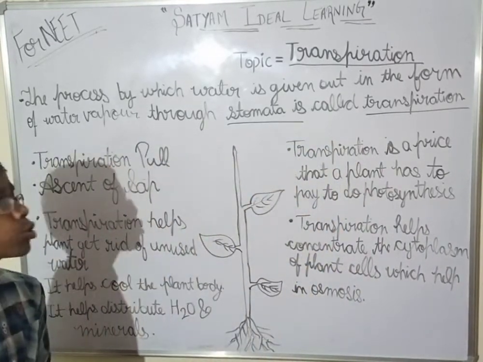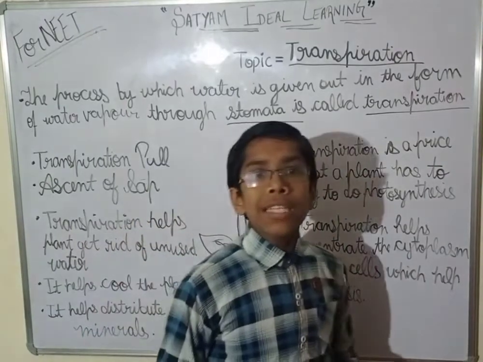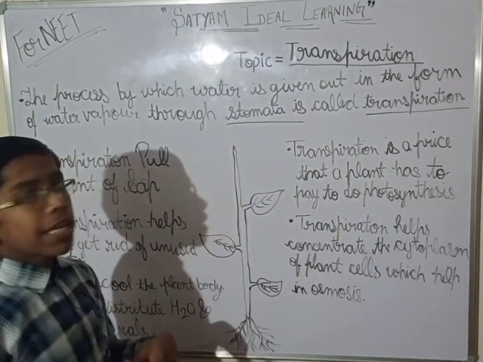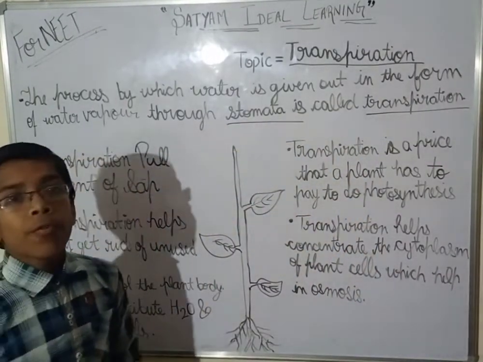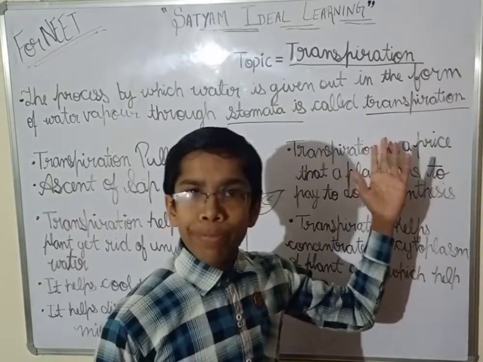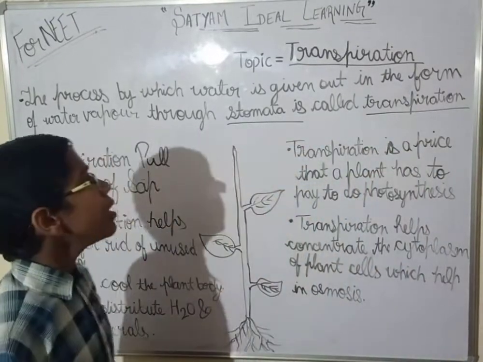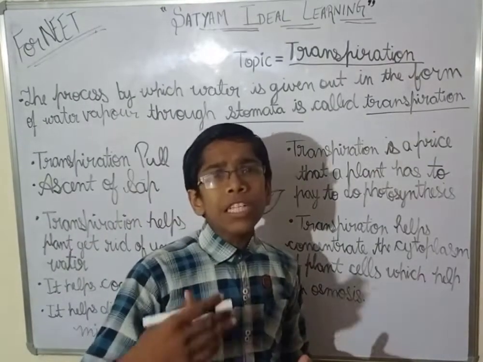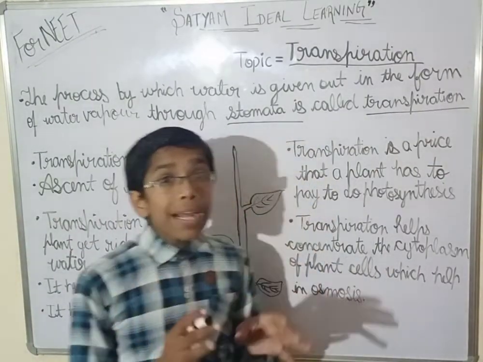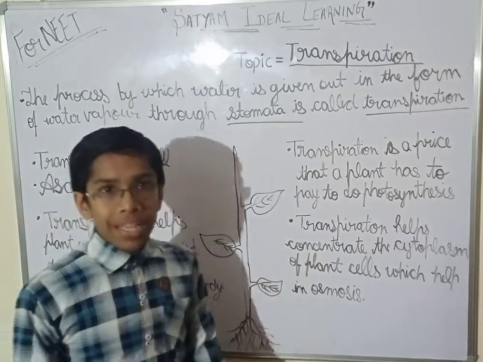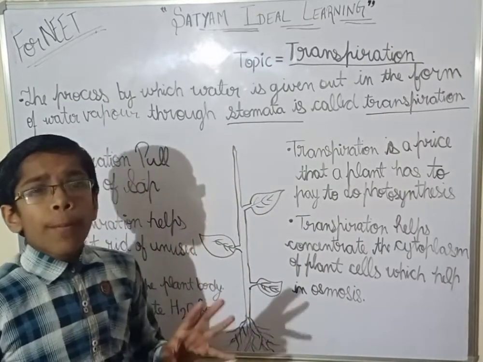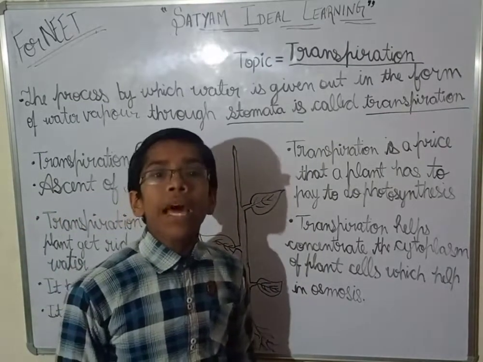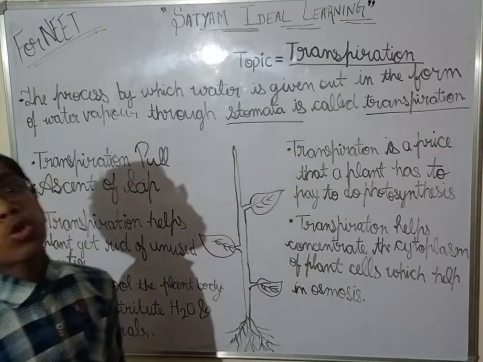Most of the water is given out in the form of water vapor by transpiration. Now, if a plant is doing more and more transpiration, then the plant has a chance to die.